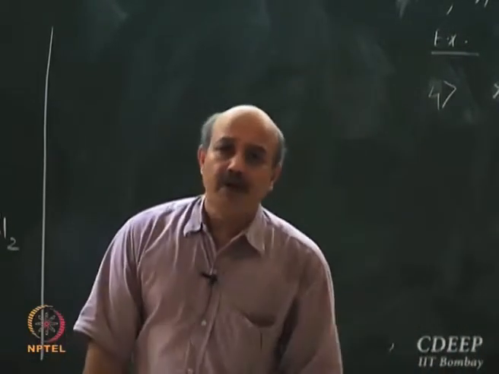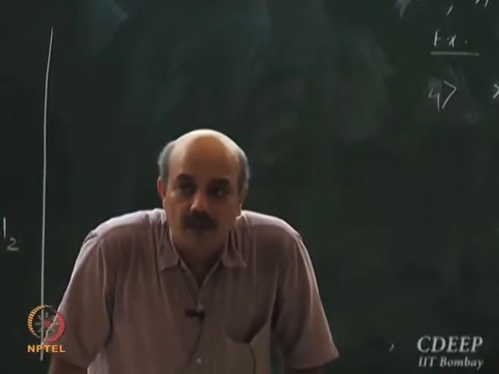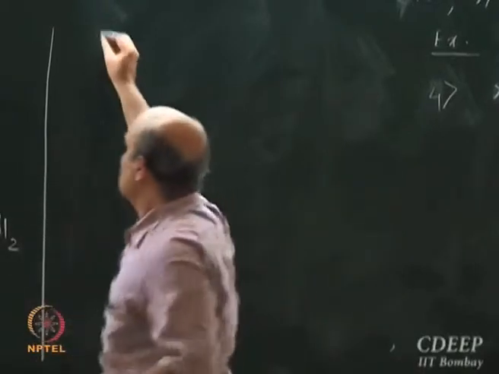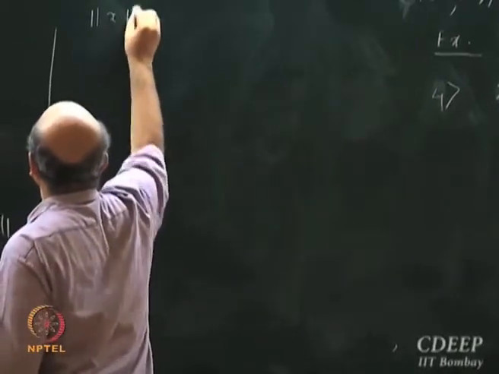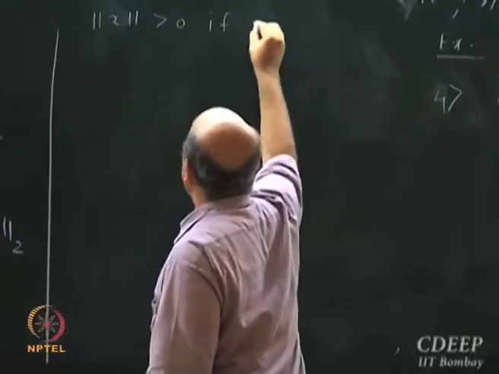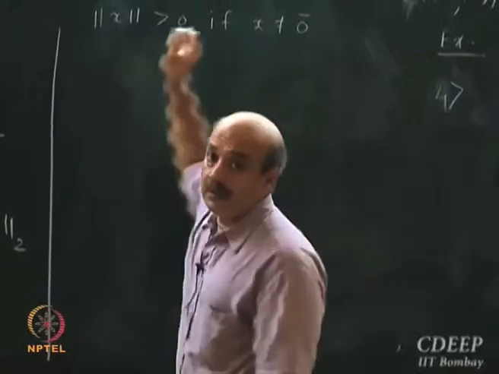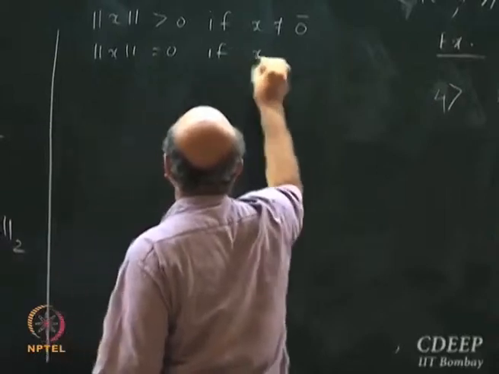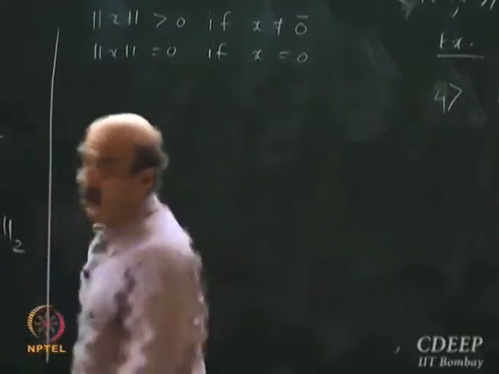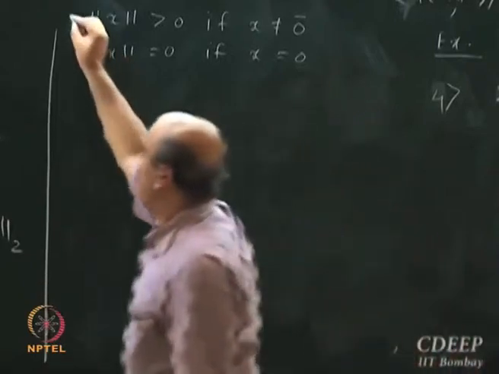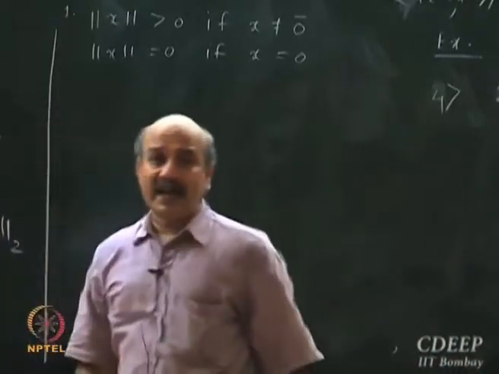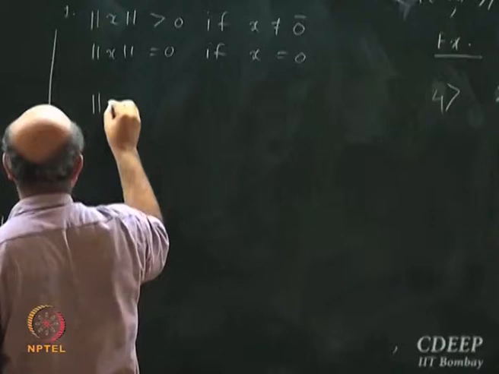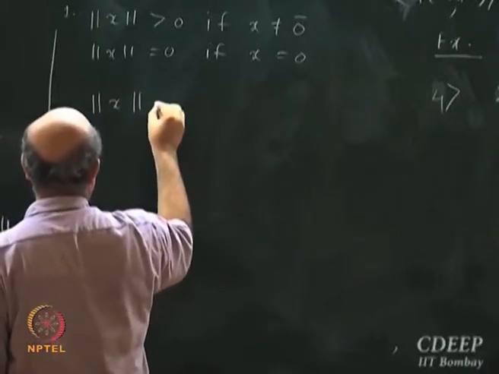So what all things do you need for a function to be a norm? When do you call a function a norm? What are the three axioms? The first is: norm of x is greater than 0 if x is not equal to 0, and this is equal to 0 if x is equal to 0. That is the first axiom. What is my candidate norm definition? I want to define a norm in the inner product space.